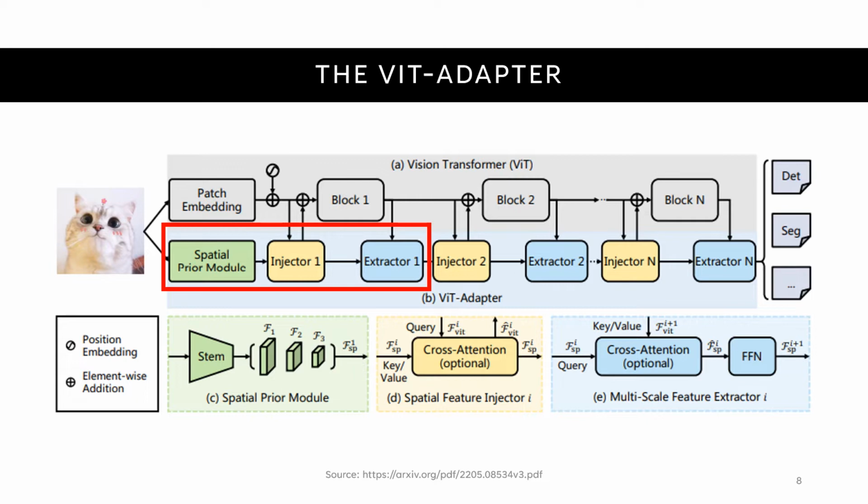The output of the spatial feature injector is injected into the plain ViT as well as the multi-scale feature extractor. The extractor takes the spatial prior module's output as the query and takes the ViT tokens as the key and value and performs cross-attention once again. This is then input to a feed-forward network to extract multi-layer features from the ViT.